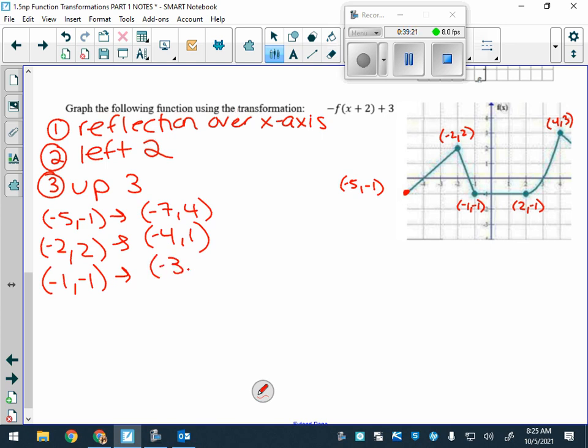Good. 2, -1 will become what? 0, 4. The last one. 4, 3 is what? Yep. Two is right. Yep, Liam.